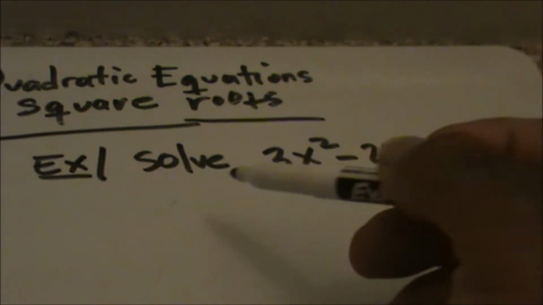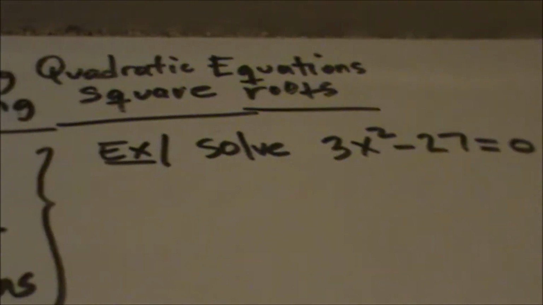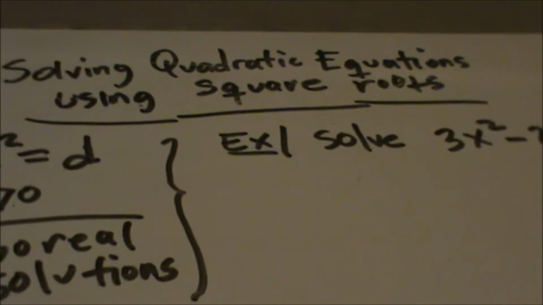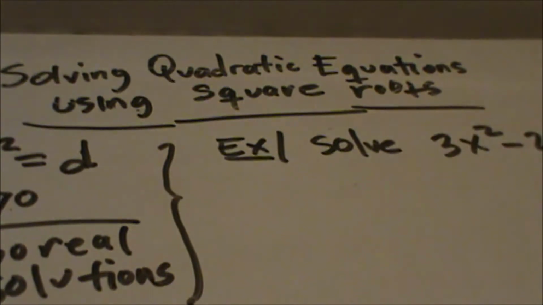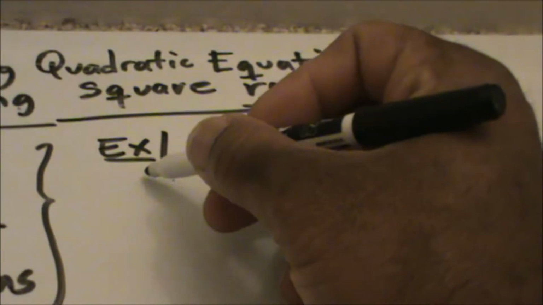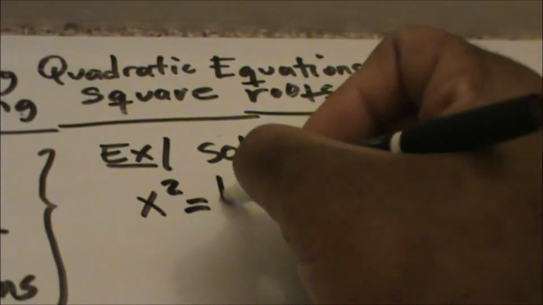Likewise, we have to make it look like x squared equals d. So before, let me put it here. We have to make this equation.